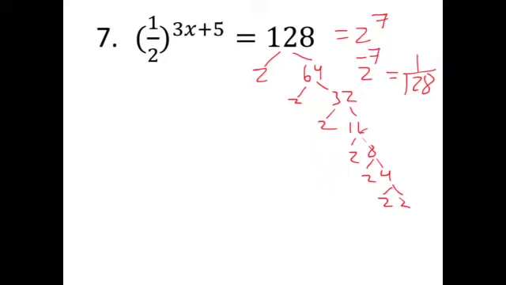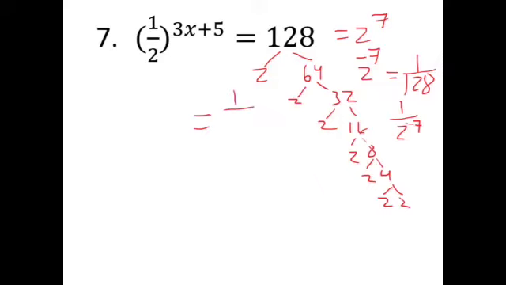What we're trying to get to is that the right side has a base of 1/2. If you just make that 2 have a power of negative 7, the bottom part is going to be the fraction 1/128, and 1 over 1/128 would just give you positive 128.